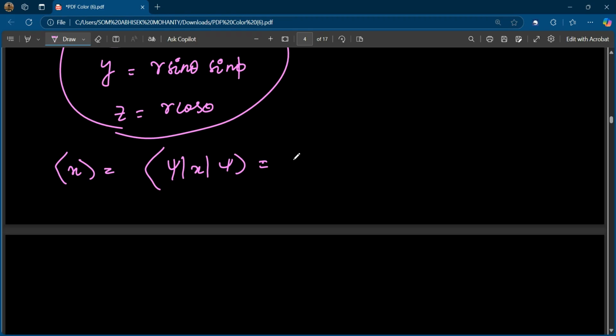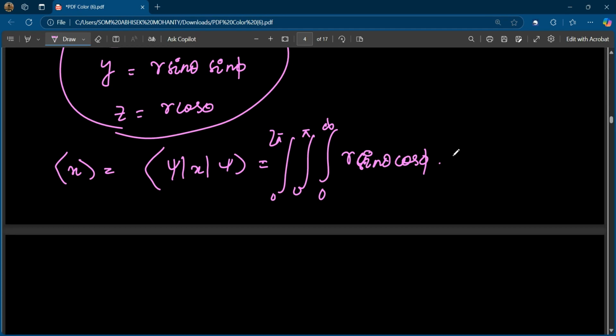So if you write it, 0 to infinity for r, 0 to pi for theta, and 0 to 2 pi for phi. For x we will write r sine theta cos phi, into 1 by pi a naught cubed, because it is squared: psi star into psi.